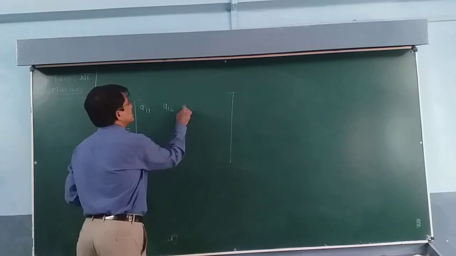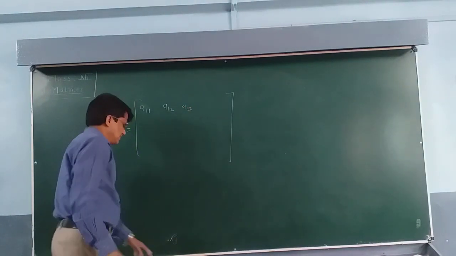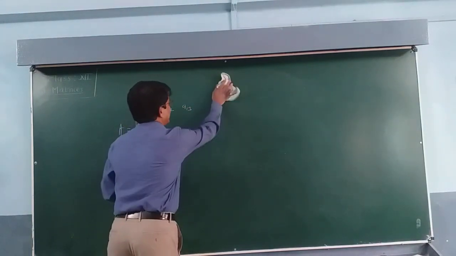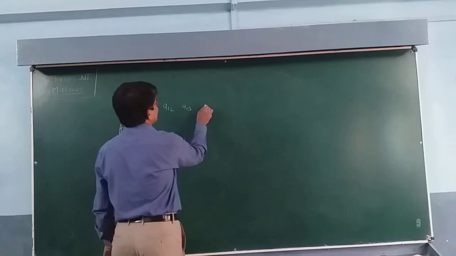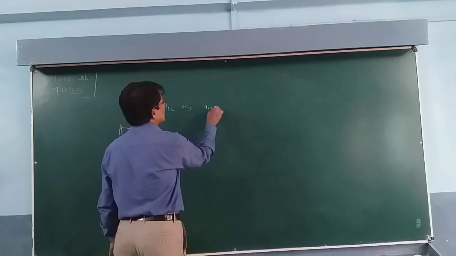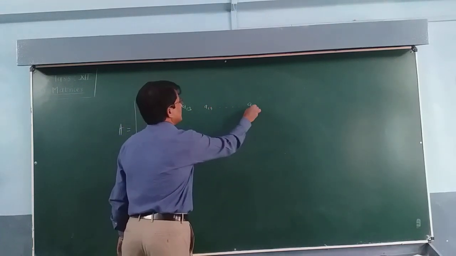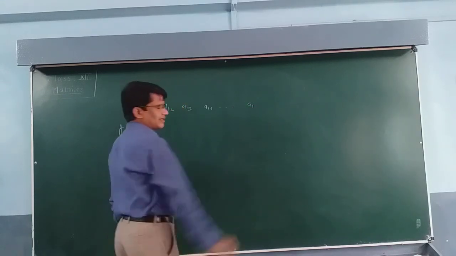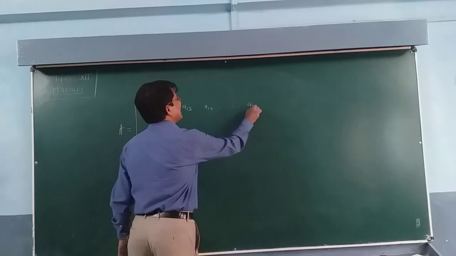Here, first row, third column. In the same way, first row, fourth column, and so on, up to first row, nth column.